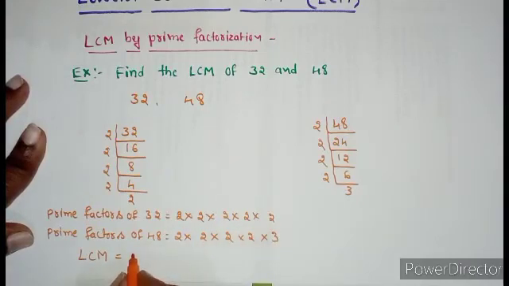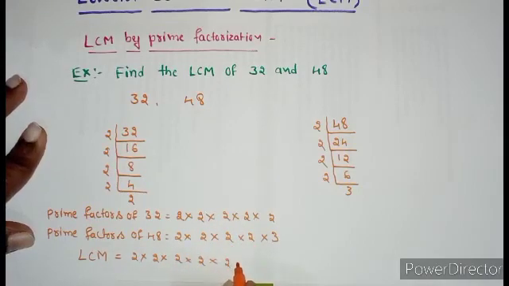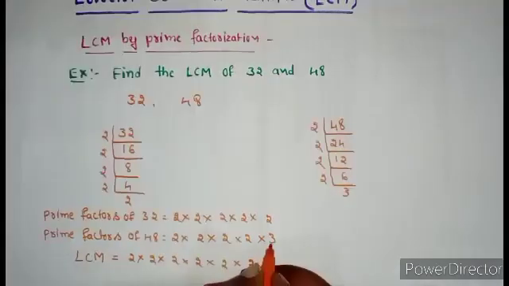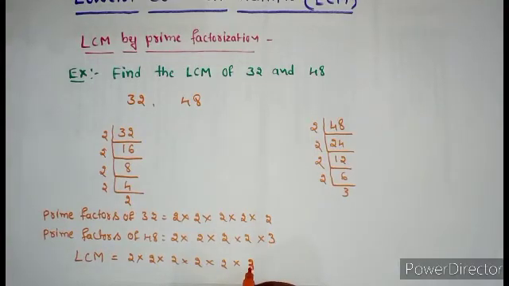Here 5 2s are there. Total common factors are 2 into 2 into 2 into 2 into 2, and here the remaining prime factor is 3. Now we have to multiply all these common factors 2 and the remaining prime factor.